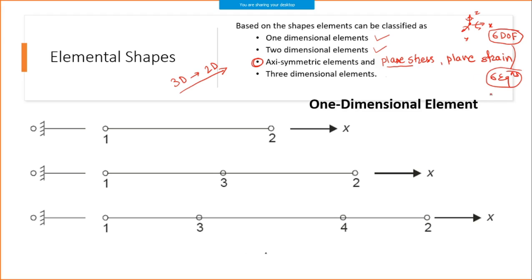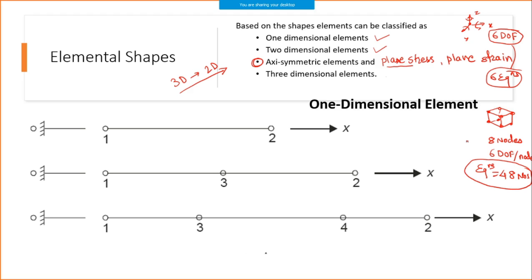And if I have a 3D element, say a brick element, altogether it will have 8 nodal points: 4 nodal points on the front face and another 4 on the back face. Likewise, 8 nodes, an 8-noded single element. If each node has 6 DOF, then the total number of equations becomes 48. Then for a single element you need a 48 by 48 stiffness matrix, and you are going to solve it.